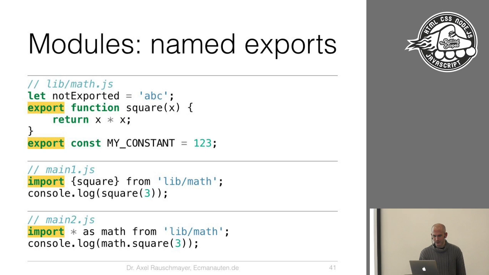And then the importing is similar to the exporting syntactically, and here you're saying, I'm importing a single entity from this module. And here, and this is a bit more complicated syntax, lets you import the whole library as an object, and then you call it like this.